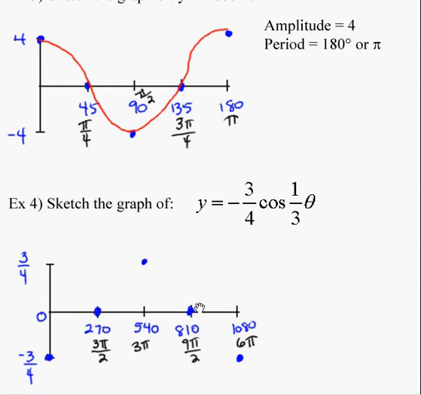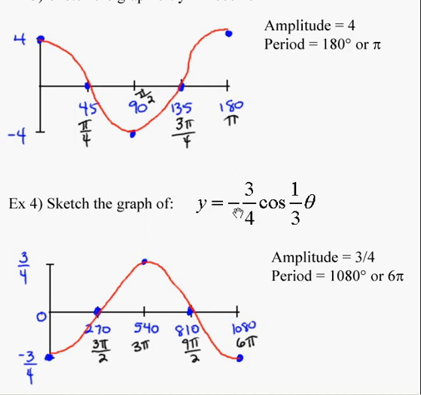And normally at the end of the period, it would be a maximum, but because we're reflecting it, it becomes the minimum. Sketch that curve in. There's our upside down U for the cosine for its period. And in this case, this has an amplitude of 3/4 and a period of 1080 degrees. And that's our look at sketching the graph of sine and cosine.